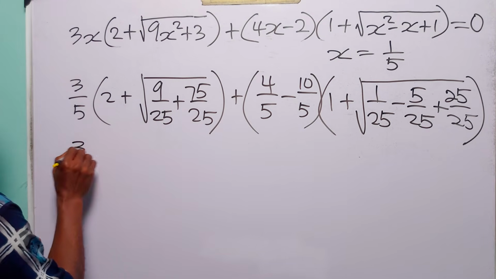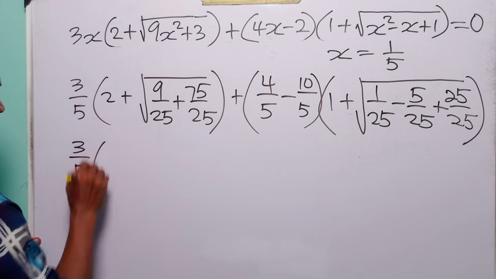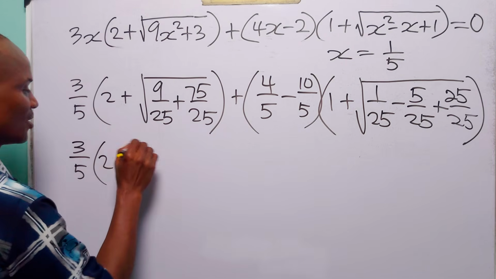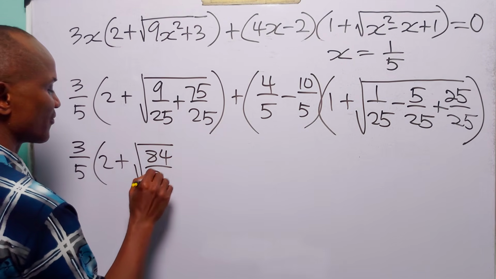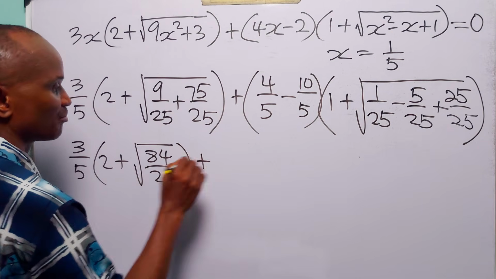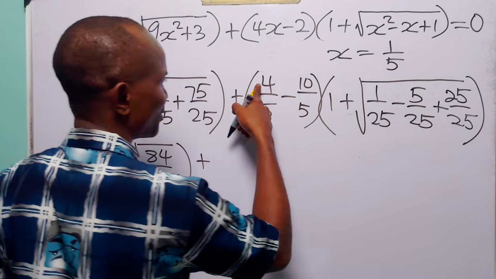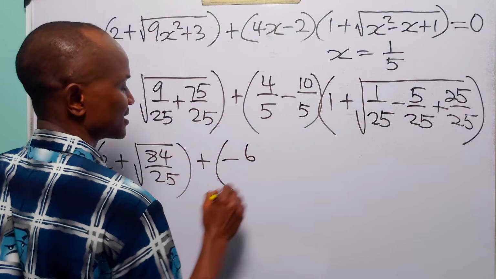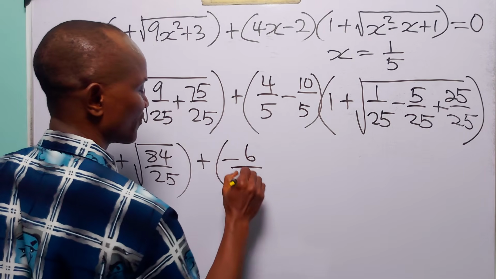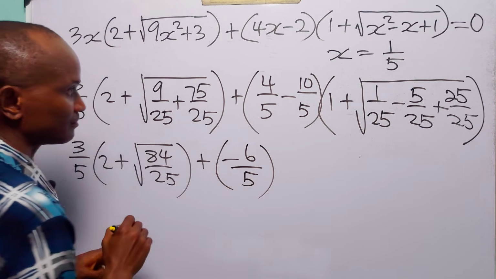So we have 3 over 5 times 2 plus root 84 over 25, plus minus 10 plus 4 is minus 6 over 5.